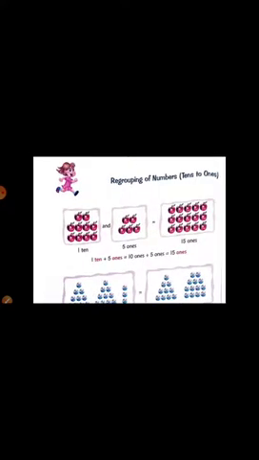That is, we regroup ones into tens or tens into hundreds. Why? Because in addition, we carry forward the ones to tens or tens to hundreds. So that is why in addition, we group the smaller place into the greater place: ones to tens, tens to hundreds and so on.